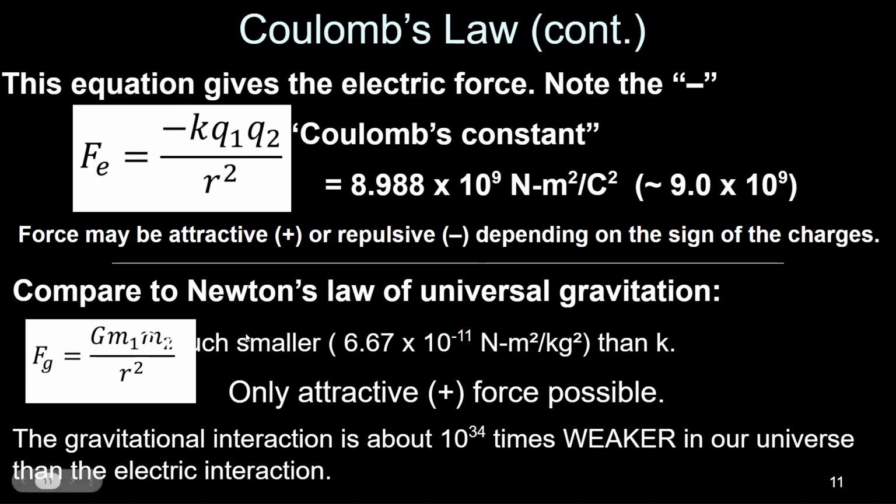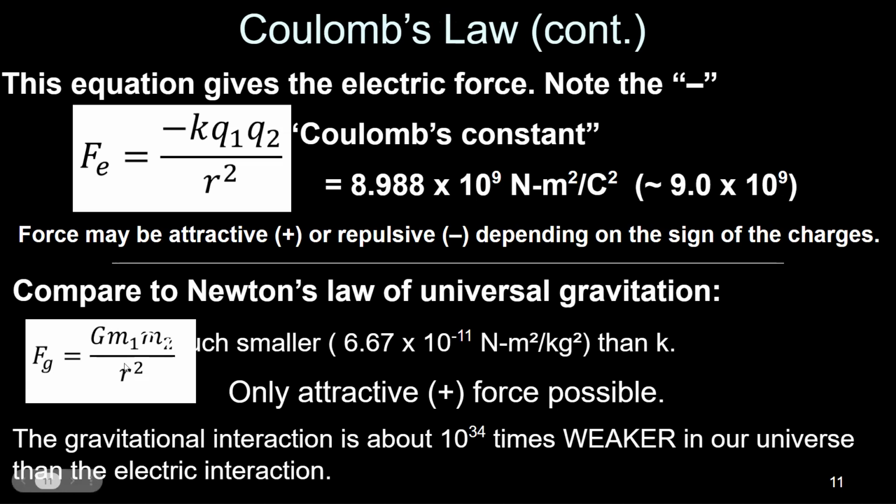On the bottom, you have the law of universal gravitation, where G is an absolute constant. So the R squared or the masses have to be huge numbers for there to be a substantial amount of force, and as well, this can only be positive.